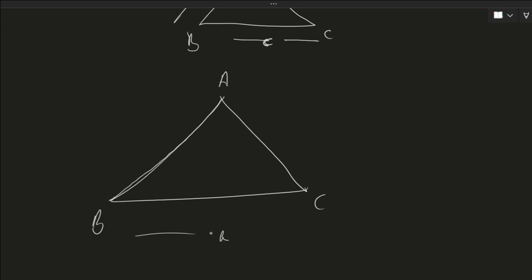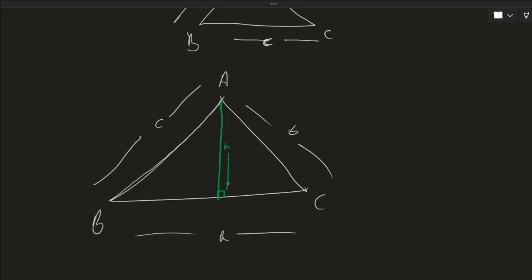Let's name the sides A, C, and B. The derivation would be somewhat like this: someone just dropped a random perpendicular. That's it. After that, it's just two or three concepts mixed. So what I'm going to do is drop a perpendicular like this.